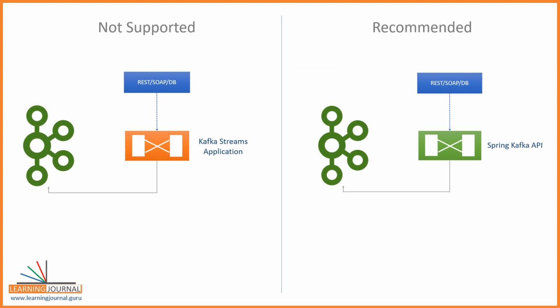Let's assume the following scenario. You have a requirement to receive data over a RESTful service or pull data calling a SOAP API. Once data is received, you want to do some processing and then send it to a Kafka topic. You cannot do it using the Kafka Streams. Why? Because Kafka Stream processing starts reading data from a Kafka topic. If data is not in Kafka topic, you cannot implement Kafka Streams.